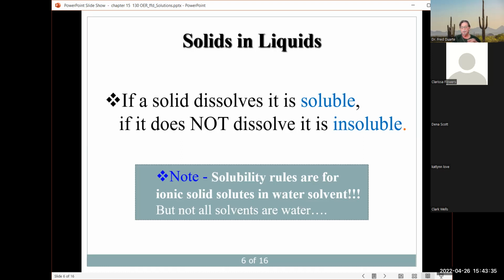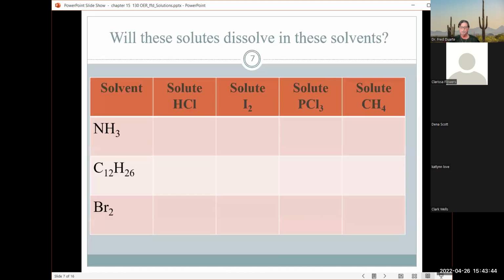Now, when we are dealing with aqueous systems, obviously we utilize the solubility rules to determine whether a solid material is soluble or not. All right, so we have a table here, and they're asking you to determine which solutes dissolve in which solvents. Okay, what can you predict? Basically, can I predict that?